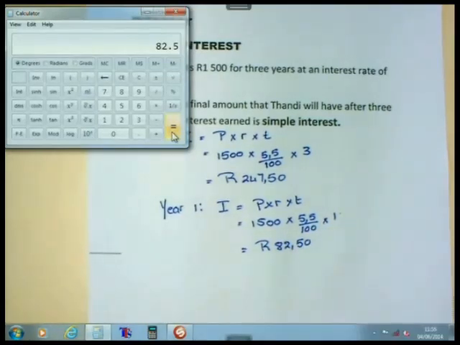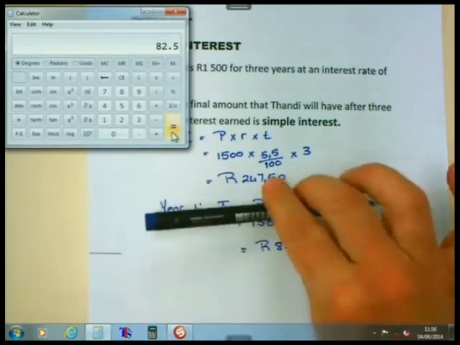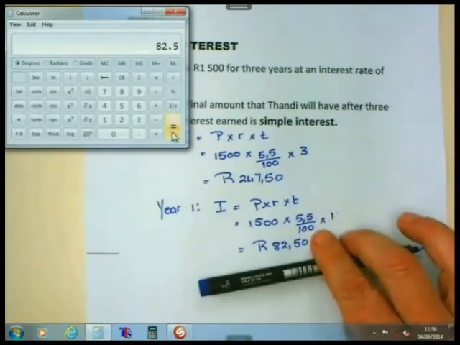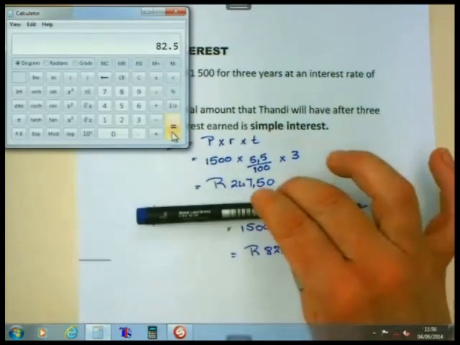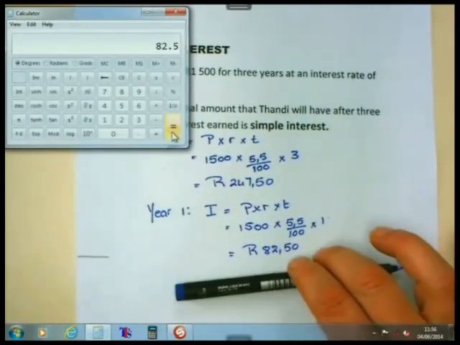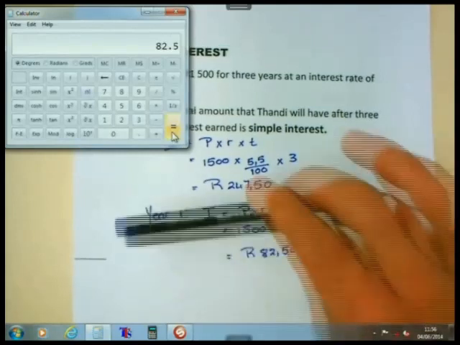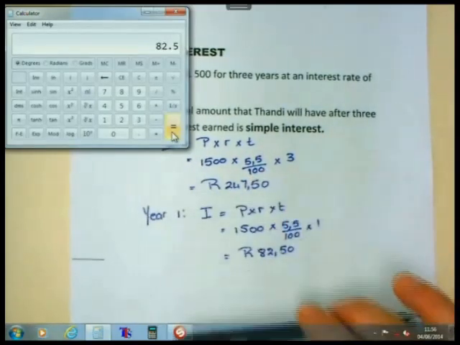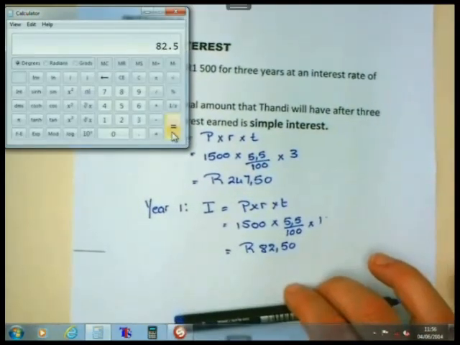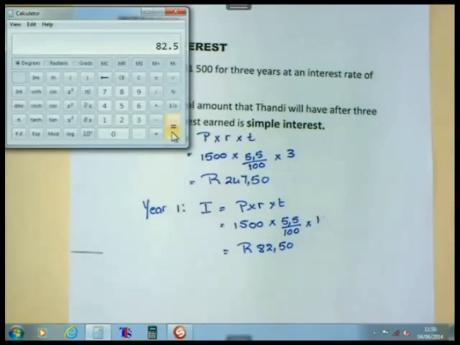In the case of simple interest, the interest will be in year 1, 82 Rand 50 cents. In year 2, it will still be 82 Rand 50 cents. And in year 3, it will still be 82 Rand 50. Which means that the interest does not earn any interest, if I can say so.